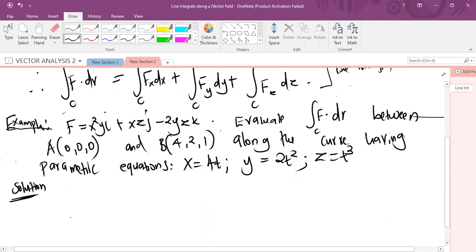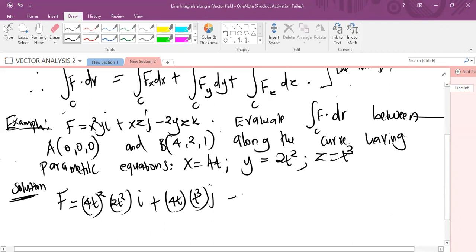So what is going to be our value of F? Let's start by evaluating F. F is equal to x squared y i, so what is our x squared? It is 4t squared, and y is 2t squared, plus xz, so that is 4t multiplied with t cubed, j, minus 2y, which is 2t squared, z is t cubed, k.